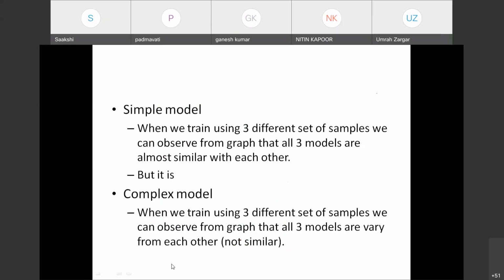Correct, same sample. But when you check with respect to their own data items which we have trained on, the true value was closer to the predicted value.